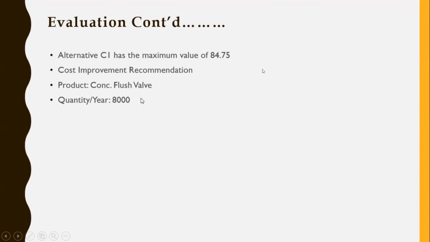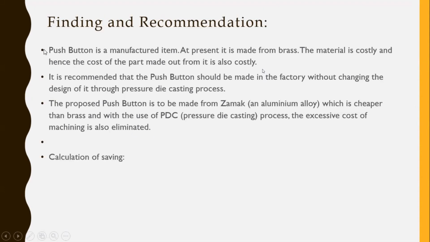Then for the aluminium alloy, this is the cost improvement recommendation. The quantity per year is 8,000. The push button is a manufactured item, and at present it's made from brass. The material is costly, hence the cost of the part made from it is also costly. So it's recommended that the push button be made in the factory without changing its design, through the pressure die casting process.